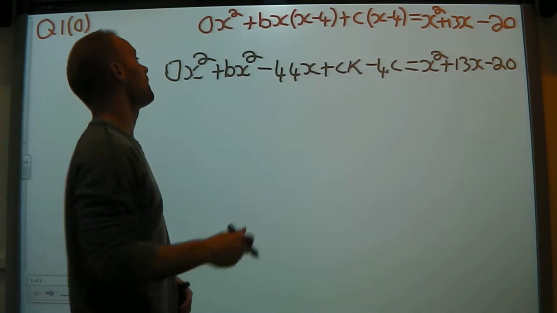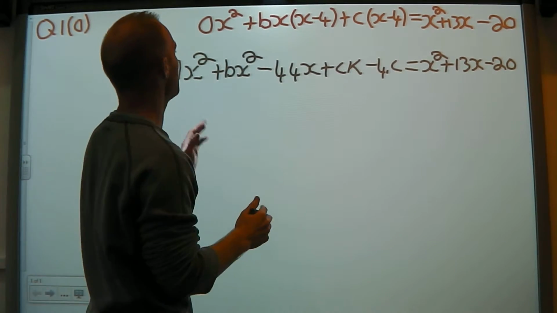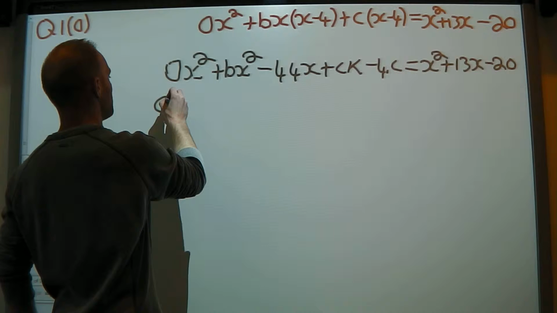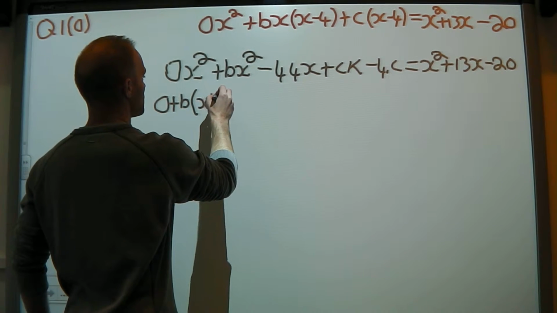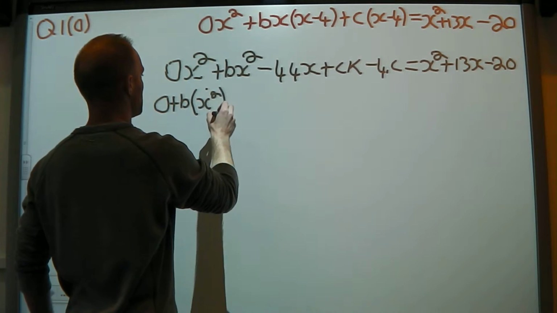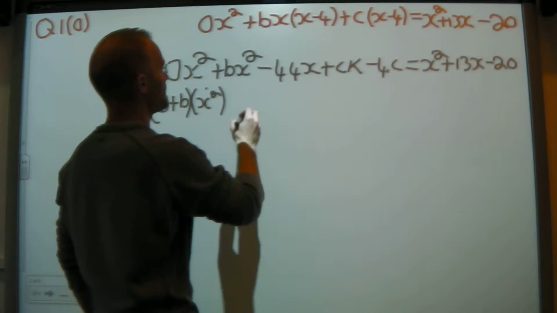Now we have to factorize this, so we take out a factor of x squared. So we have a plus b into x squared.